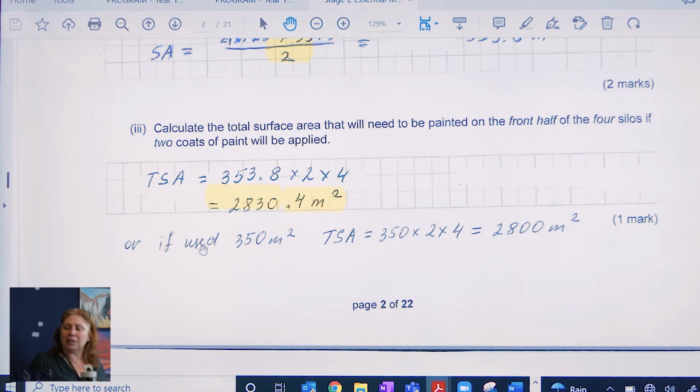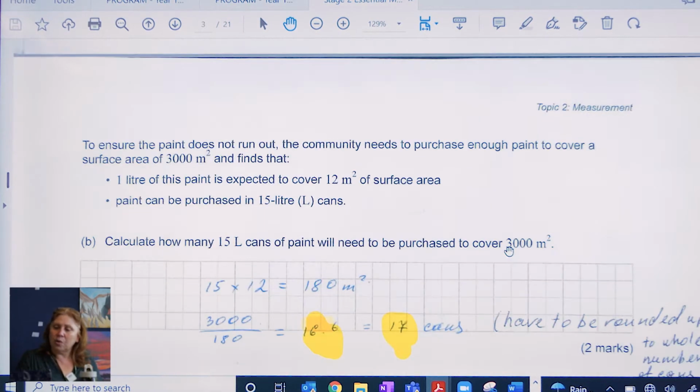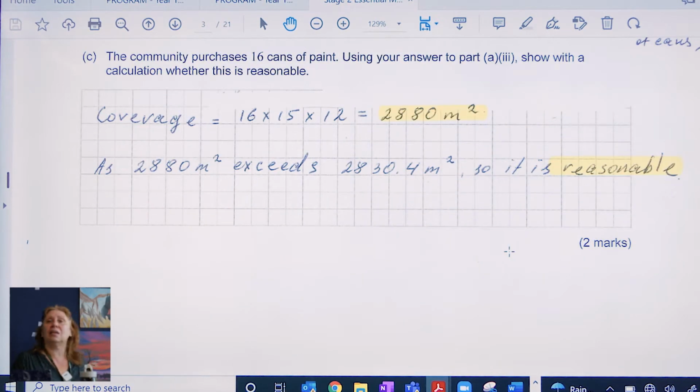Also in this part, if they use the 350, not their own calculations, it's okay. Normally, questions are given in a way that the middle parts already have solutions. So if students get stuck, for example, on part A3 and AII, they can continue to do the next parts, because they can use the results from the previous one. So that's this first question.